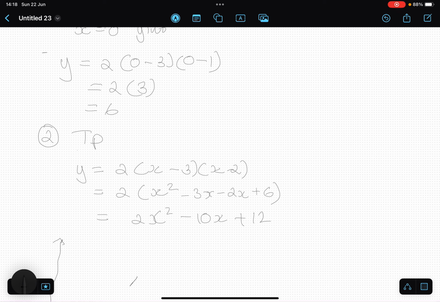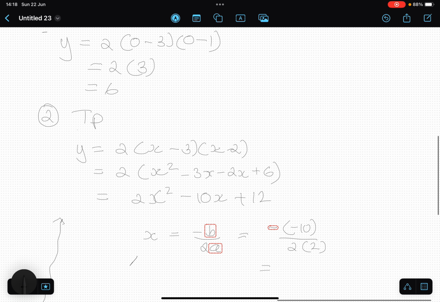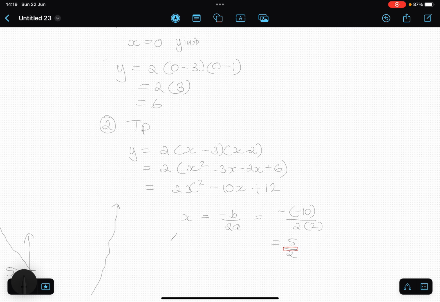Now we can find the turning point using our turning point formula, which is minus b over 2a, and that will be minus minus 10 over 2, which is giving me a strange value. It's going to give me a fraction. That's just because I made these up. Remember, they probably give you nicer ones sometimes.